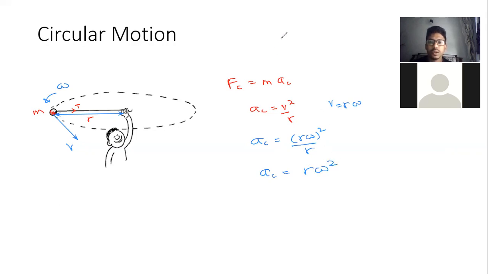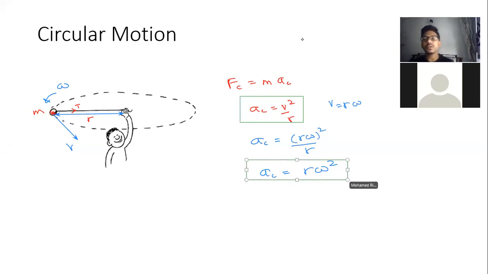So we can use either one of these formulas to obtain the centripetal acceleration. Good, these things we studied in our last session. These are the basic theory of circular motion.